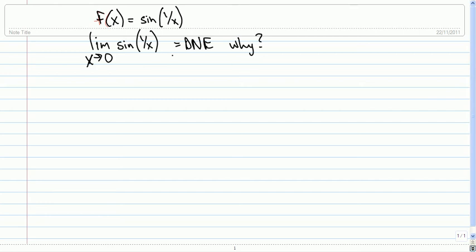I'm going to give you some points that are approaching 0. For example, if you think of the sine graph, I'll show you my strategy here. Here's the sine graph. This is pi over 2, and this is 3 pi over 2.